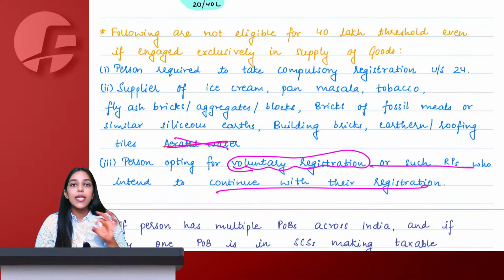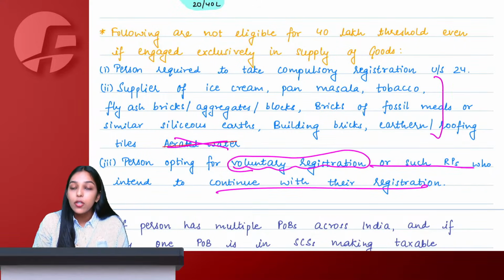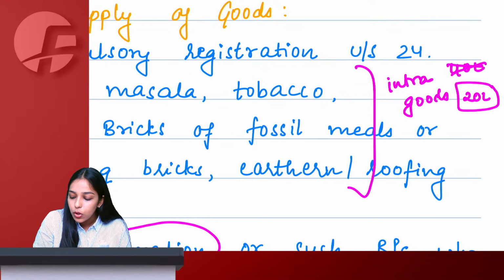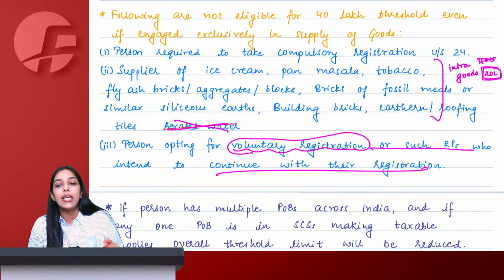So here we will say only suppliers of ice cream, pan masala, tobacco, fly ash, bricks, aggregates, blocks, earthen roofing tiles, etc. Even if they are making exclusively intrastate supply of goods, then also they will not get the 40 lakh benefit. For them, the applicable turnover limit will only be 20 lakh rupees.